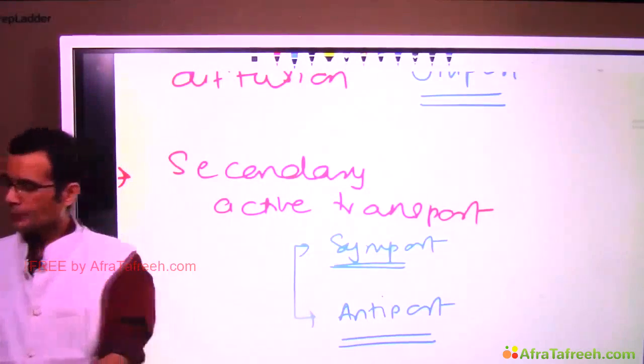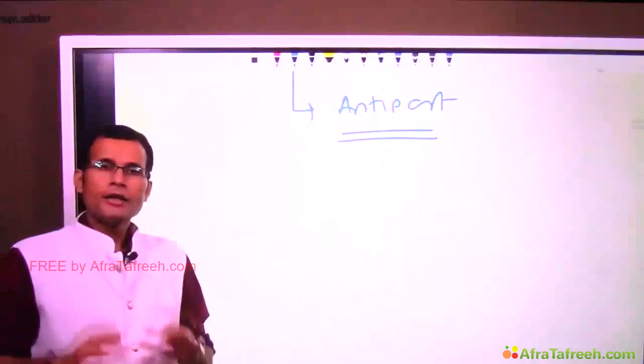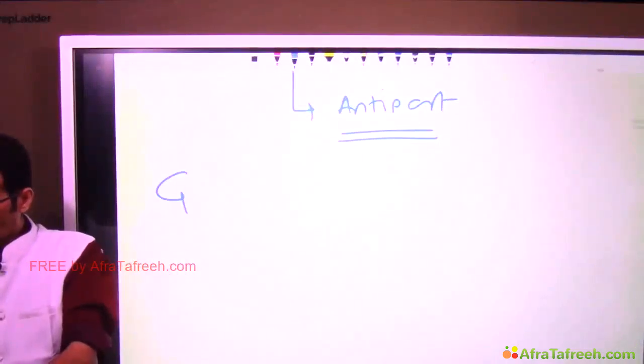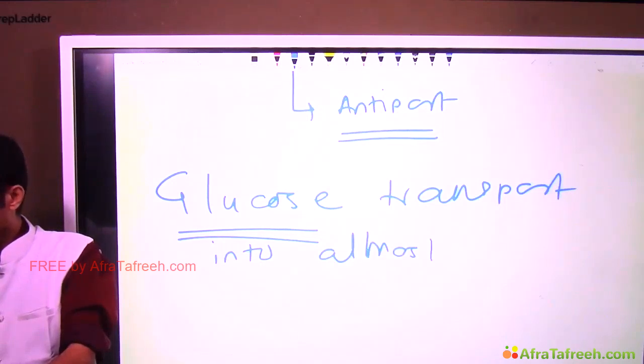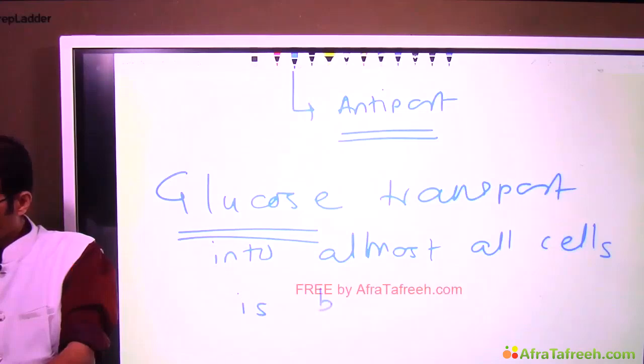Let's now see the example, and the example is glucose. Glucose transport into almost all cells of the body is by facilitated diffusion.